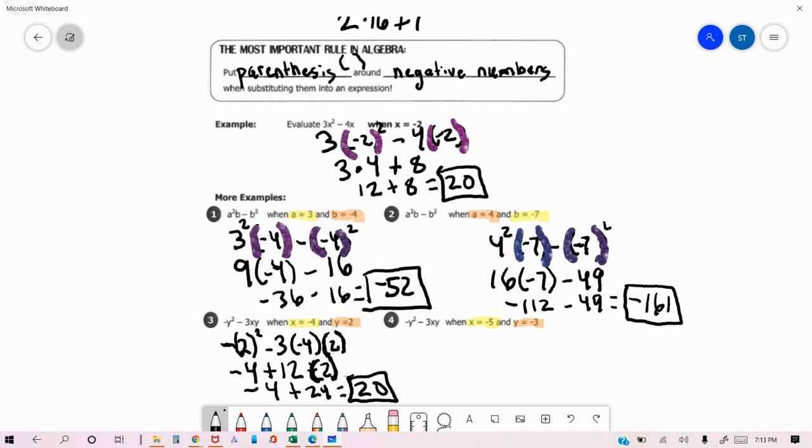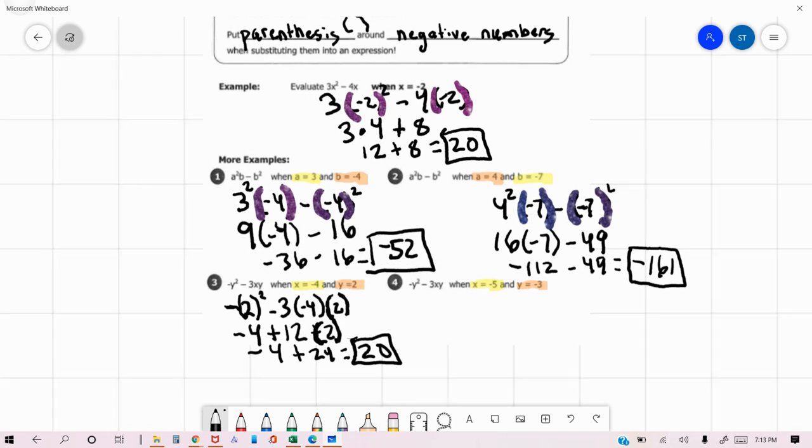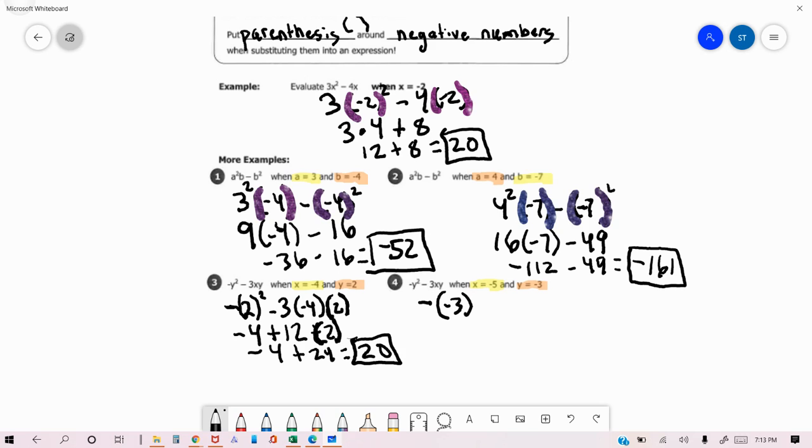Well, let me see if I can't get any higher. I'm running out of screen room here. We're going to start with negative 3 squared minus 3 times negative 5 times negative 3.